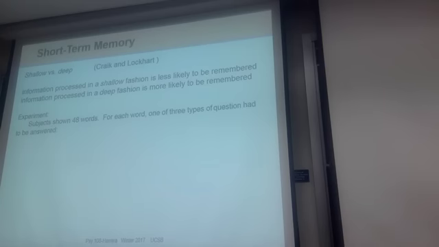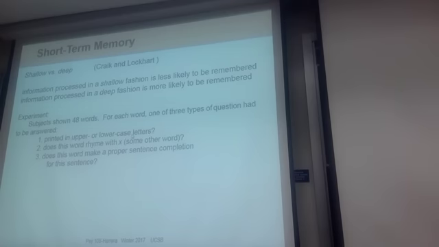So in the experiment, they showed subjects 48 words, and for each word there's one of 3 types of questions that they could answer: is it printed in upper or lowercase letters? Does the word rhyme with some other word? Or does the word make a proper sentence completion in a given sentence? These are basically showing increasing depth of processing.